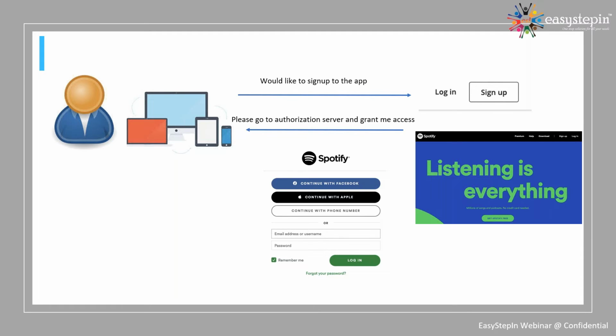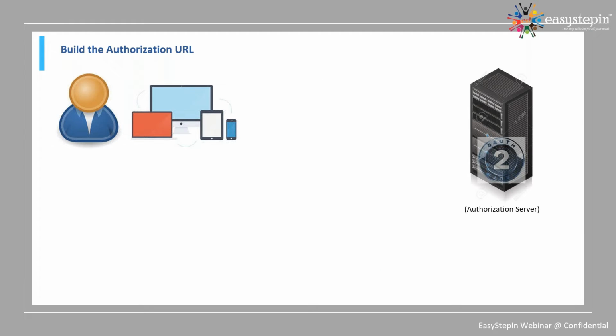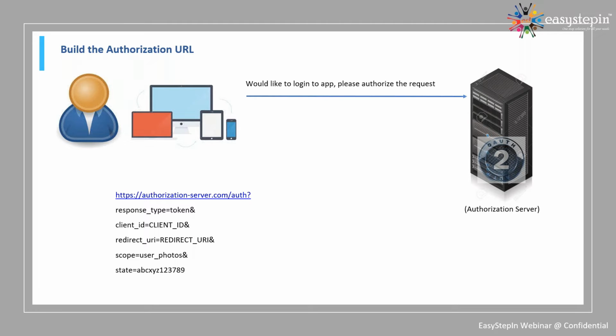Right? So you have a Facebook account and you want to sign up with it. So you click on the sign up with Facebook option. Then a request will be sent to the authorization server with this information: the response type, the client ID, the redirect URI, scope, and state. With this complete information, you are sending the request to the Facebook server.